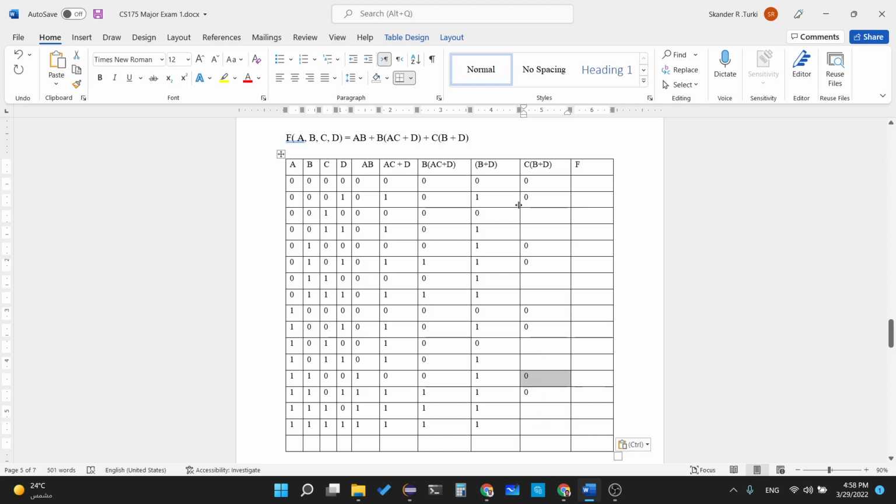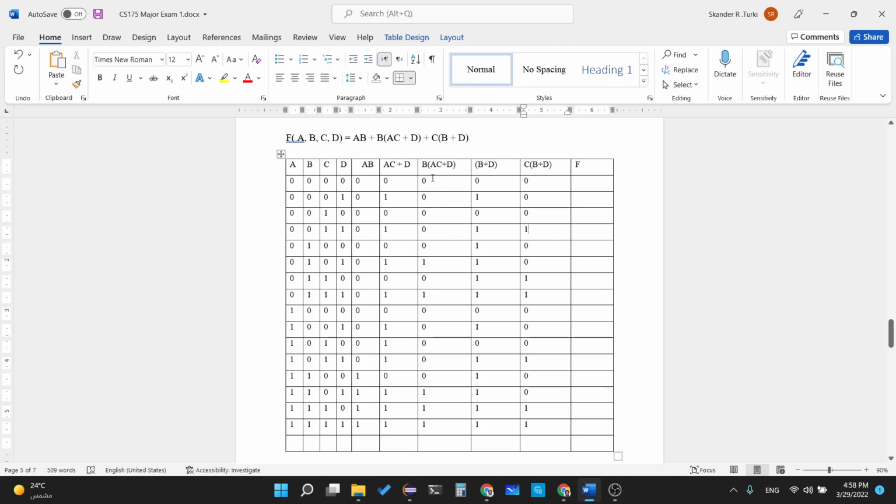And then otherwise it's 0 when this column is 0. Otherwise it's 1. Here 1, here 1. Because both C and B or D are ones.